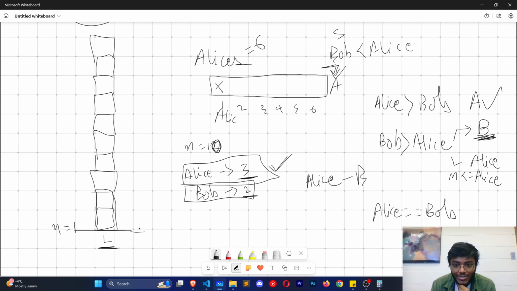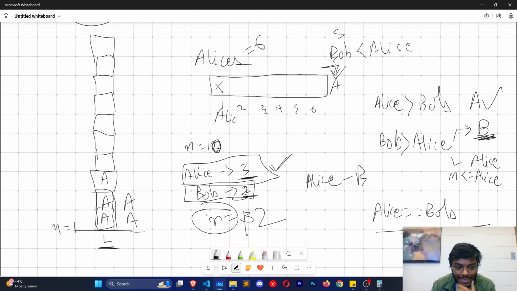So this is a losing position, and let's say Alice and Bob are both 3. Sorry, n is not 3, n is, let's say, 12, but Alice and Bob are 3. Then if Alice is over here, Alice wins. She just takes this stone and wins. If n is, let's say, 2, Alice takes both the stones and wins.